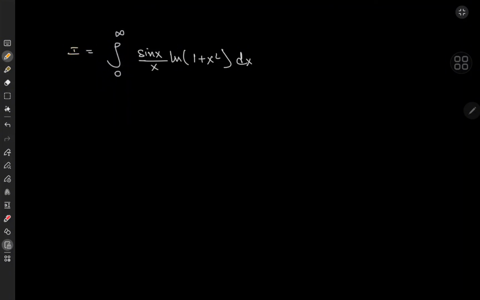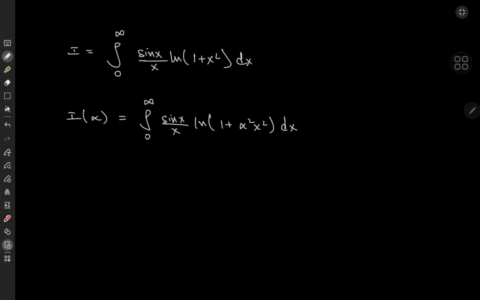So why not define an integral function I of a parameter alpha as the integral from 0 to infinity of sine x over x times the logarithm of 1 plus alpha squared x squared.